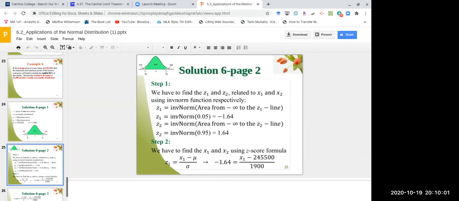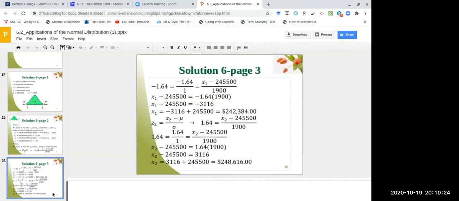And that's going to be, in this case, a negative 1.64. And the area from negative infinity to the z2 line is going to be 1.64 positive. That's going to give us two corresponding z-scores, which we then get down here, and from there, we can solve those to find our x's.